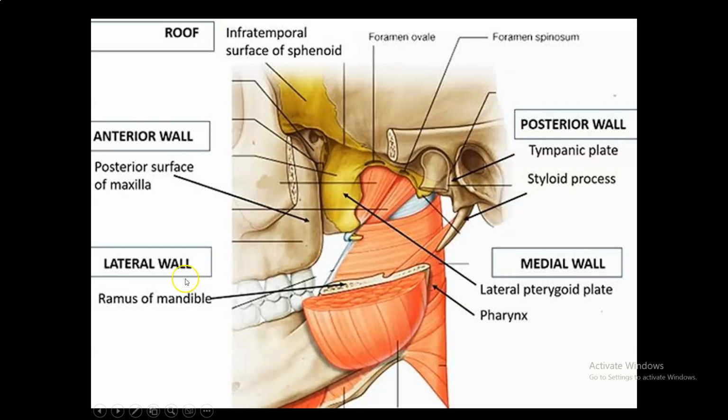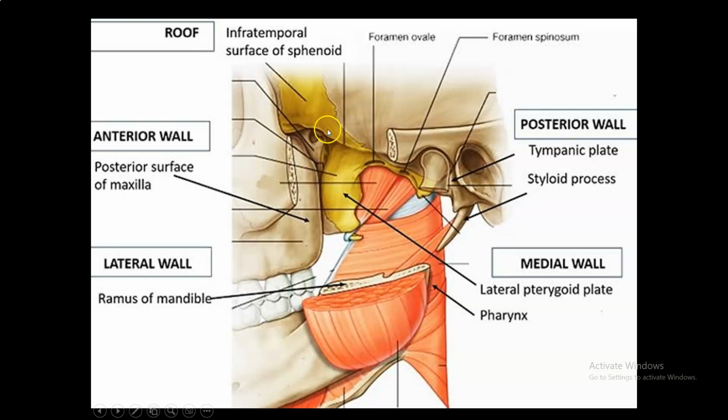So the lateral boundary again is the ramus of the mandible, which is cut, and of course the masseter muscle. The medial boundary, as we said, is the lateral pterygoid plate and the pharynx. And you can also say that the medial wall is the lateral pterygoid muscle.